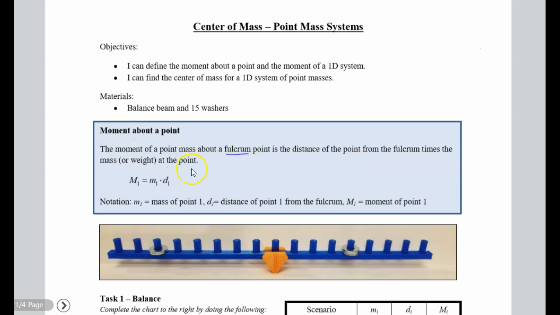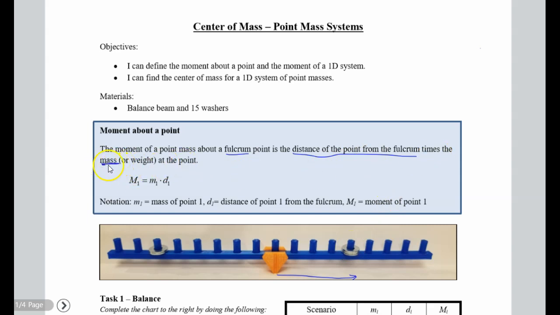The moment means we're going to be measuring from that fulcrum point. So we're first measuring this distance of the point from the fulcrum. For this particular side over here, how far over am I going? So this would be 1, 2, 3, distance of 4 right there. And then the mass or the weight at the point.